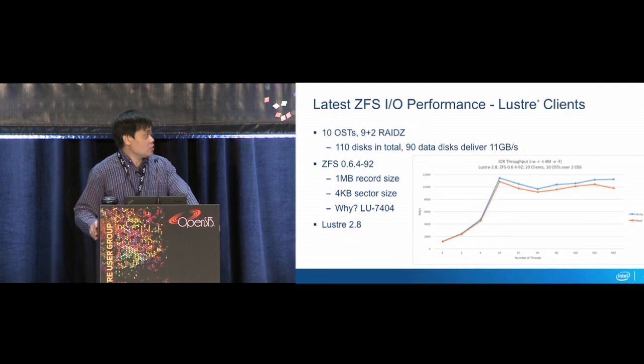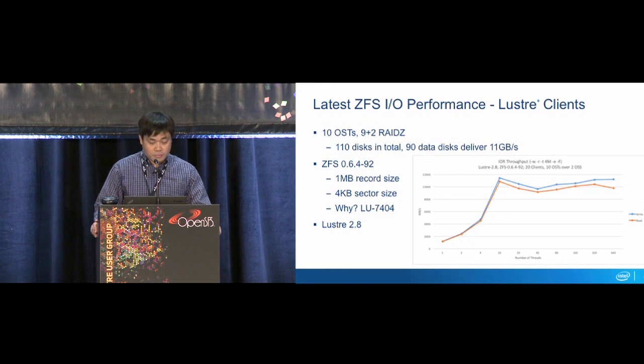Okay, so this is the ZFS I/O performance from Lustre clients. We have 20 clients and 10 OSTs, so there are 110 disks in total, and one OST has 9+2 RAID-Z2. Therefore, 90 disks can deliver about 11 gigabytes per second on average. This is really great.